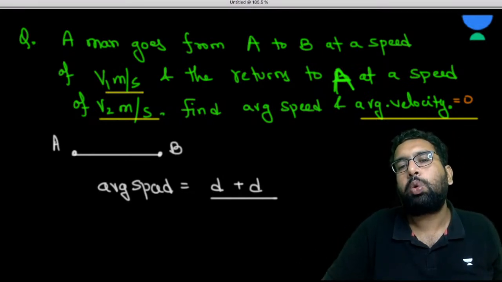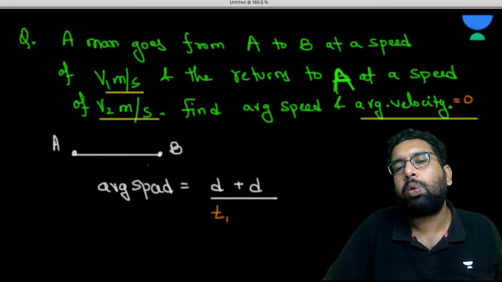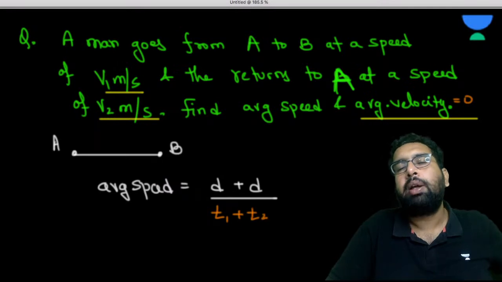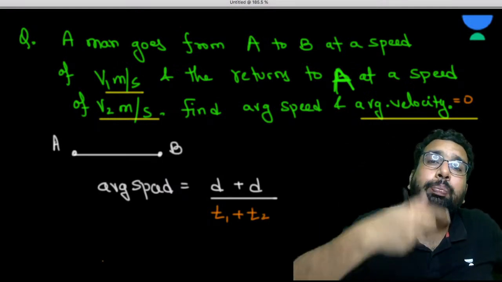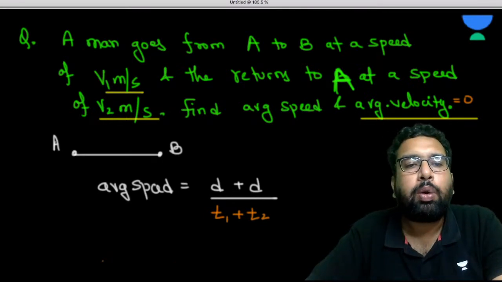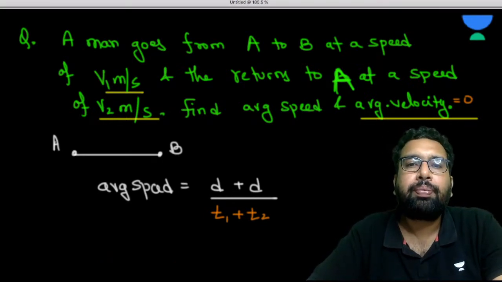Now what is the total time? So let's suppose that from A to B, he moved in a time t1, and from B to A, he took t2 time. Because the speed is different, you are going to take different times, right?